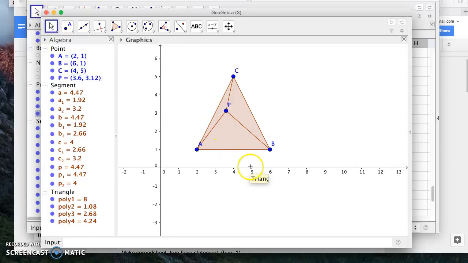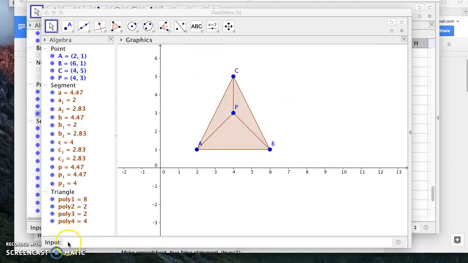And so now I want point P to be random. So whenever I click on it, as you can see, it still moves outside of the triangle. So what I'm going to do is make point... Sorry about that. So here we go.